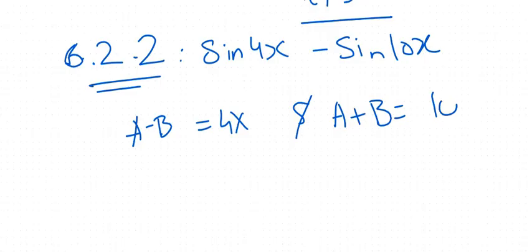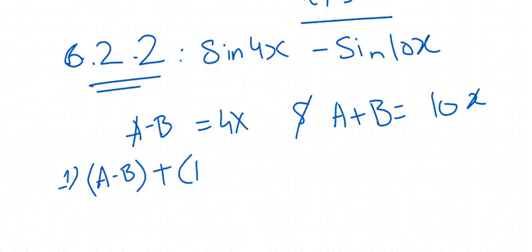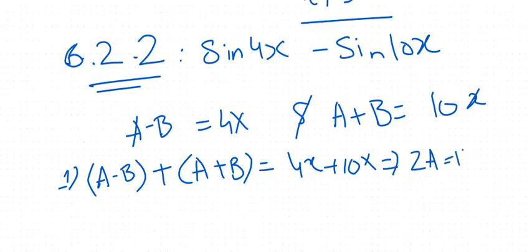Firstly, a − b plus a + b equals 4x plus 10x, so 2a equals 14x, and we get a equals 7x.